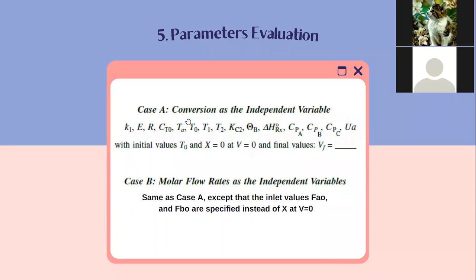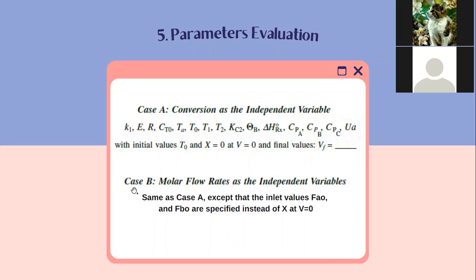So for the parameters evaluation, we input all the parameters here into the equation. So for case A, the conversion as the independent variable, which is k1, E, R, CT0, Ta, T0, T1, T2, KC2, and W, heat of reaction, CPA, CPB, CPC, and UA, we insert them in the equation with initial values of T0 and X equal to 0 at volume equal to 0, and we can find the final values of the volume.